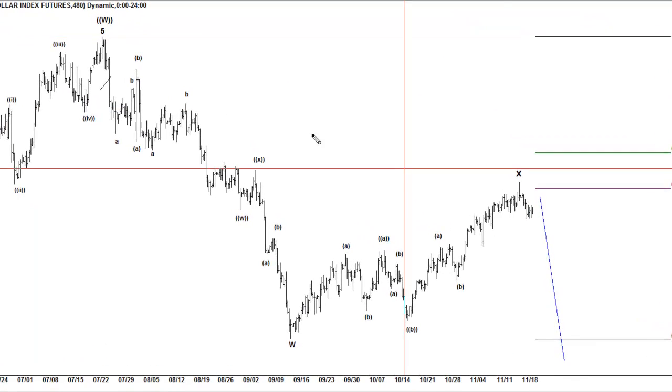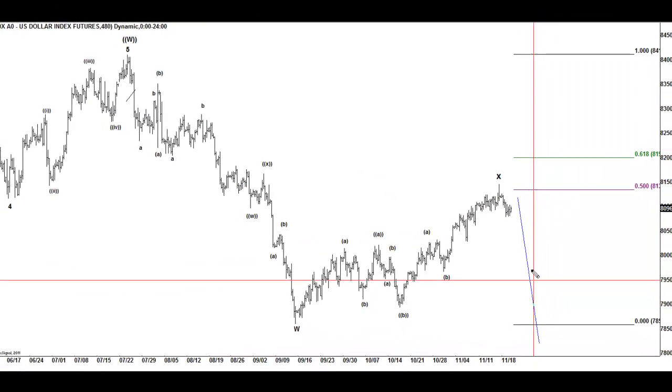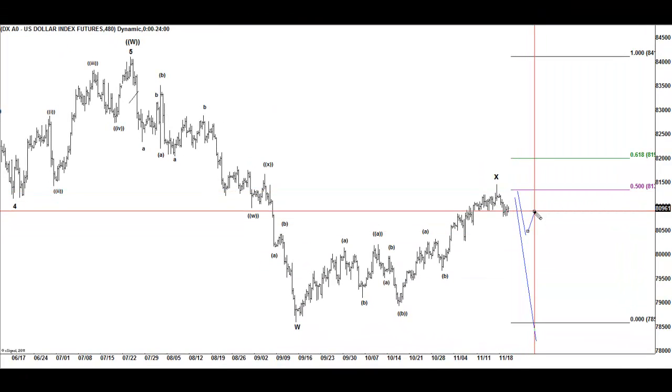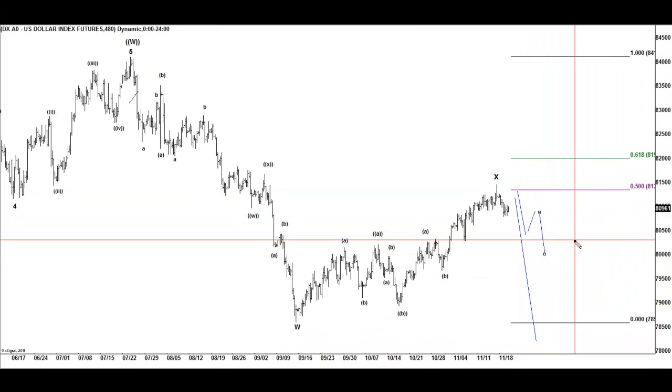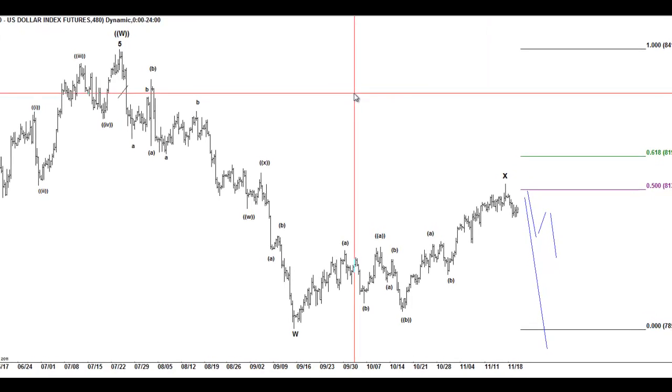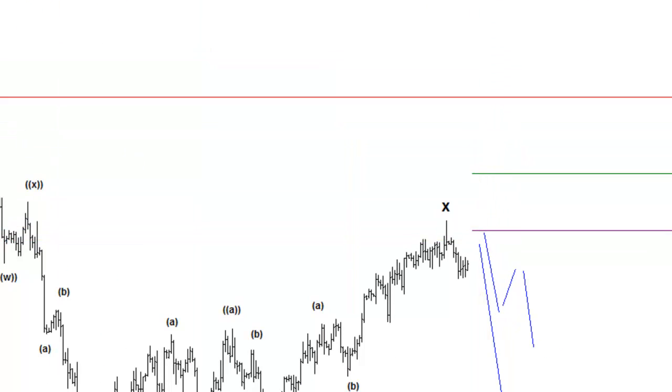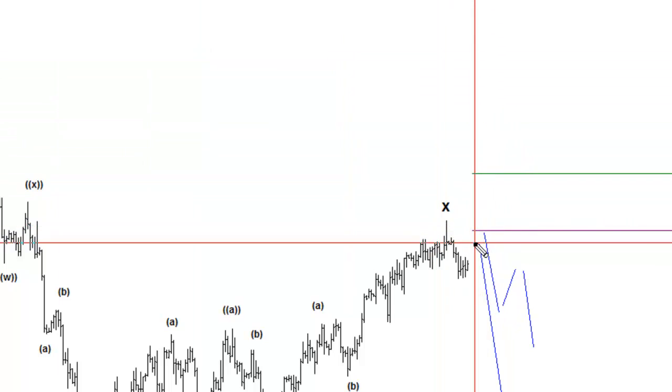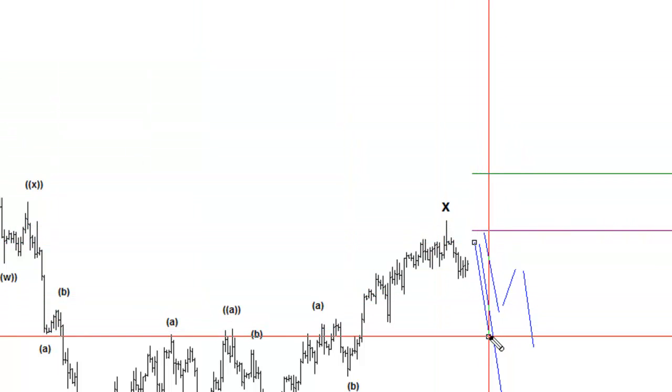It is either going to make a new low or it's going to make a double zigzag. Right now, we don't know yet which one it's going to do. What we recommend is that we see another swing lower in the dollar at minimum.